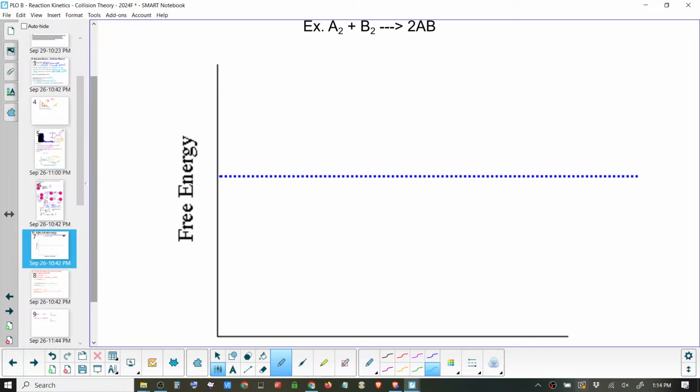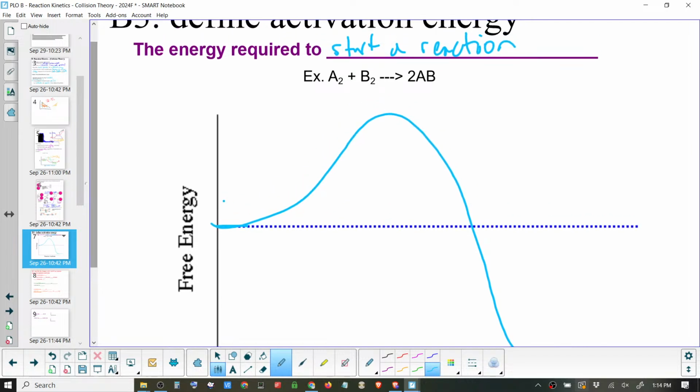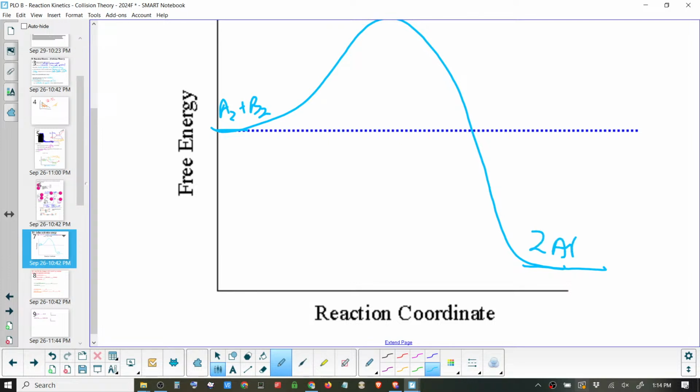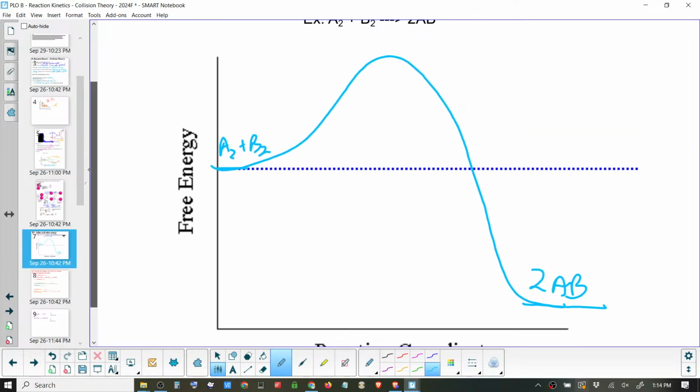Let's start off here. If you start high with lots of potential, you end up low. What kind of reaction is that? Exothermic. So let's start high and end up low. I'm going to use that reaction as my example, A2 plus B2. And down here is going to be 2AB. Free energy is a form of potential energy.